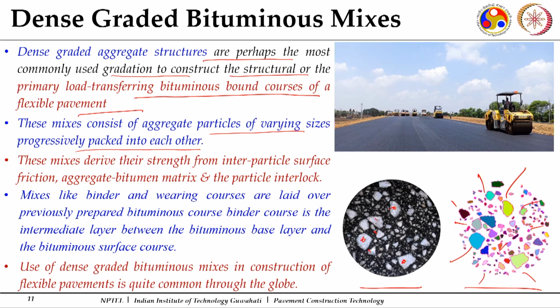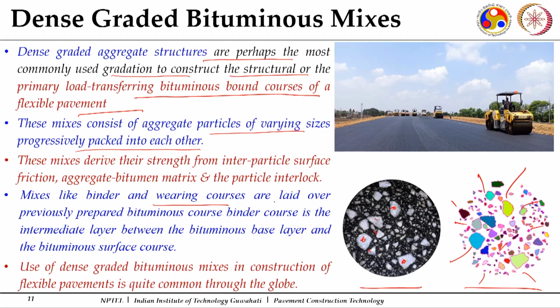So this gradation is important to achieve the desired level of density or the desired level of impermeability to water when it is made with the bitumen. And how is this low permeability developed? Because you develop this matrix where you will have stone to stone friction, there will be a cohesive matrix developed, and the aggregate particles get interlocked within each other.